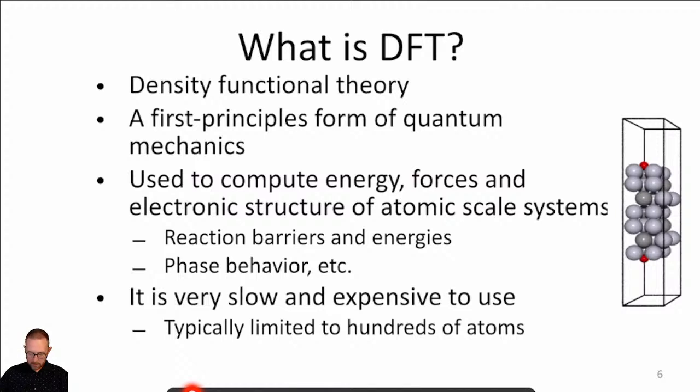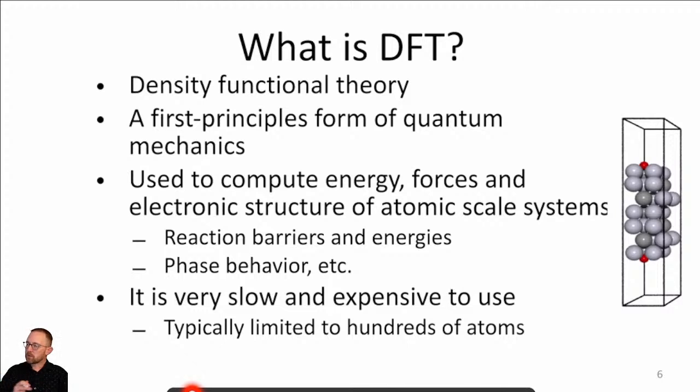We set up a model system like this, where each of these light gray balls is, say, a silver, the dark gray ball might be palladium, the little red ball here might be an oxygen, and this is a model now of a slab in a unit cell. This unit cell is repeated in all three directions so that we have a continuous slab in the x and y planes, and then these surfaces are separated by a vacuum space in the z direction.